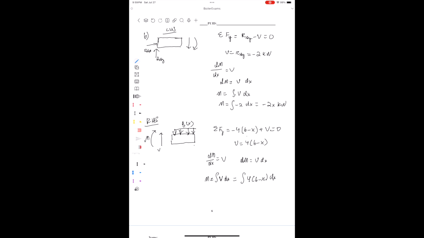So we're actually going to use u substitution in order to do this integration. Our u is going to be 6 minus x, and then du over dx equals -1, and then du equals -1 dx. The reason that this has to be treated as a unit is because when you're building your moment equations, you can't separate out that 6 minus x portion.